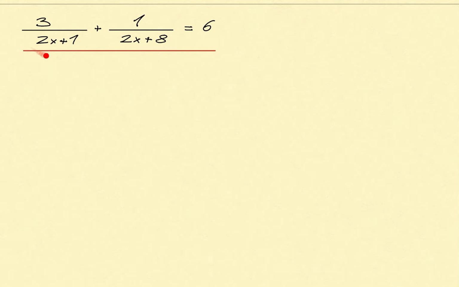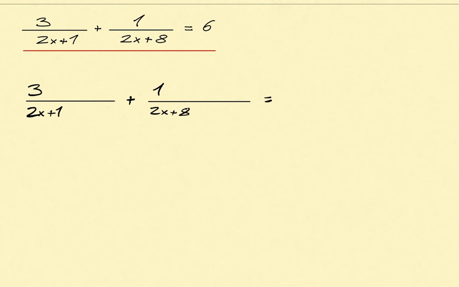getting a common denominator in both sides. So how do we do this? Well, let's see. Let's copy this same thing, leaving some space. You will see why. So I'm going to write 3 over 2x plus 1, leaving some space, and then plus 1 over 2x plus 8, and this will equal 6, which is what we've got right above.